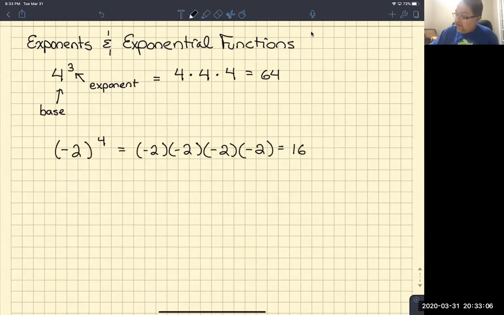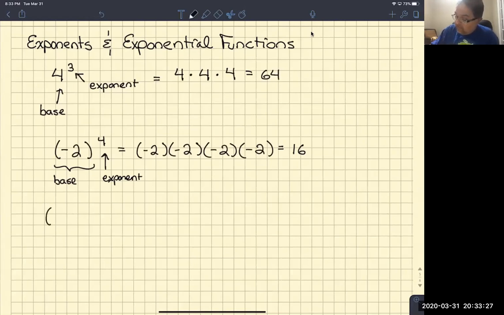So whenever you raise a negative base to an even exponent, the negative goes away, okay? Because remember, when you multiply negative numbers an even number of times, the negative goes away.